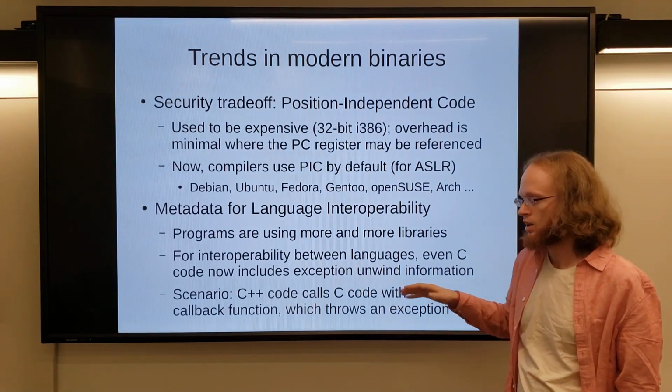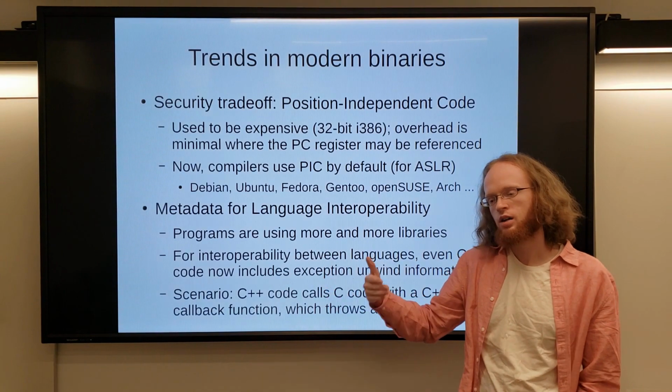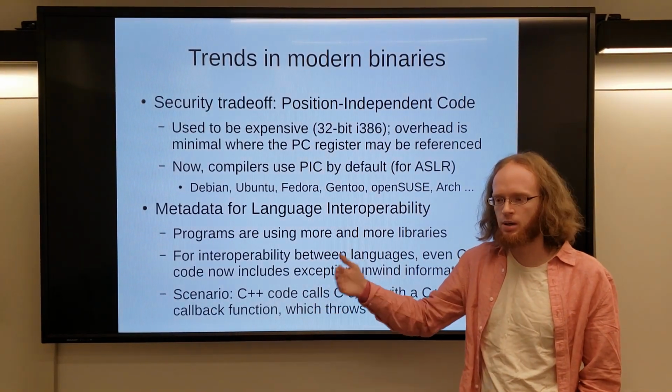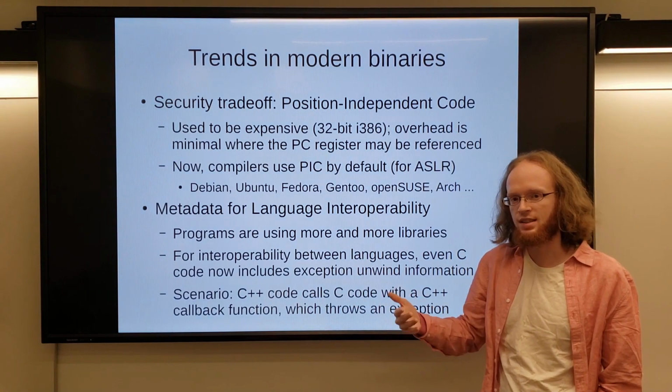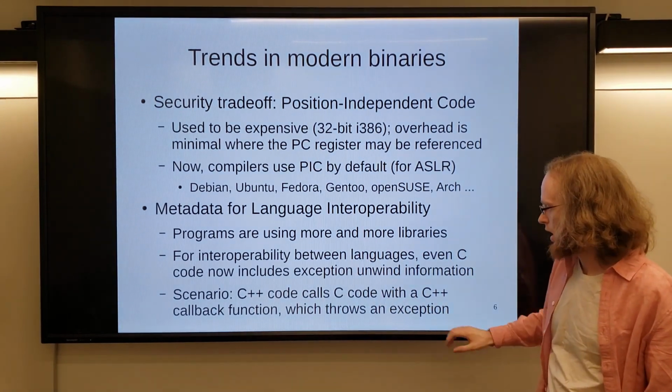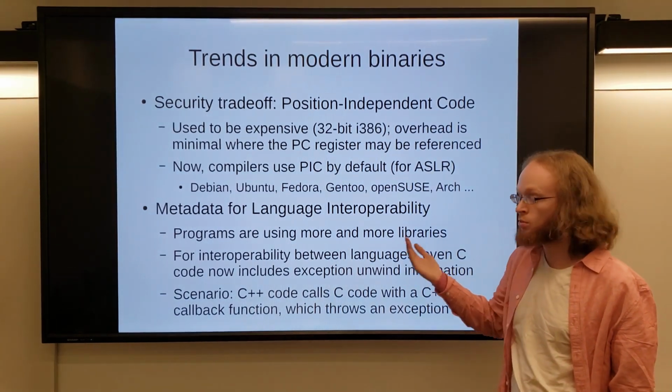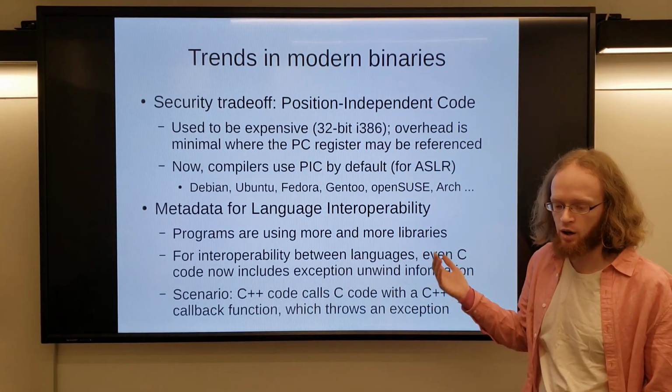This is in case C++ code calls C code, and you have an exception thrown from C++. You want to be able to propagate that exception through C stack frames. So these two trends together mean that there's more metadata than ever before in modern binaries.